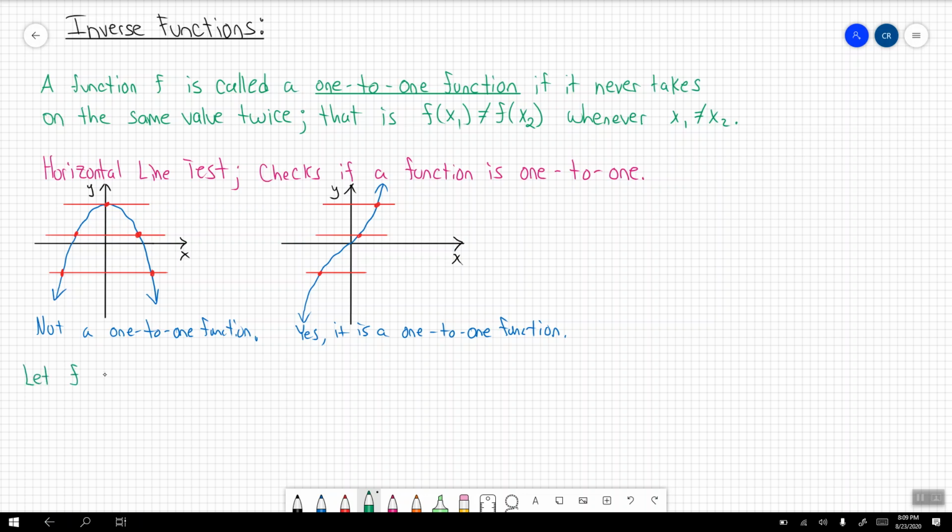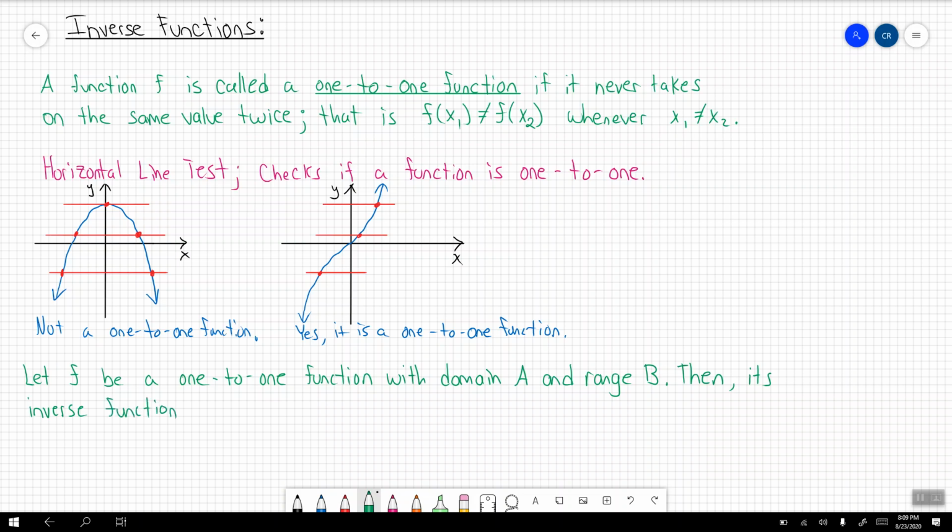Let f be a one-to-one function, so again we're starting with a one-to-one function, with domain A and range B. Then its inverse function, which we're going to label as f inverse, has domain B and range A.